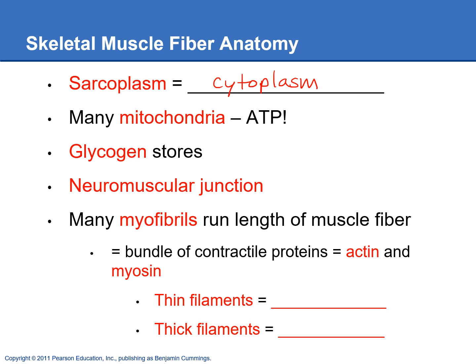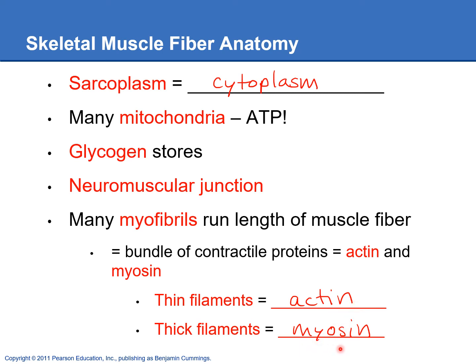So the thin filaments, that's the actin. And then the thick filaments, that's the myosin. So the way that I remember these is that actin, if you look at the end, tin almost looks like thin, it's just missing the H. So if you remember that, you can remember actin are the thin filaments.